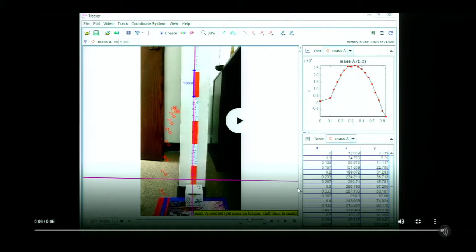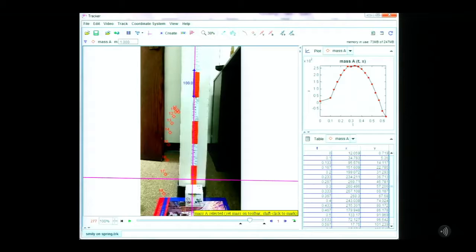Now, it is a little popper, a smiley popper. The only part that's not going to work really well is the fact that I have to eyeball it for my image analysis software. But this is a real thing that was done in my office. Because it is a real popper, it doesn't go perfectly straight up and perfectly straight down.